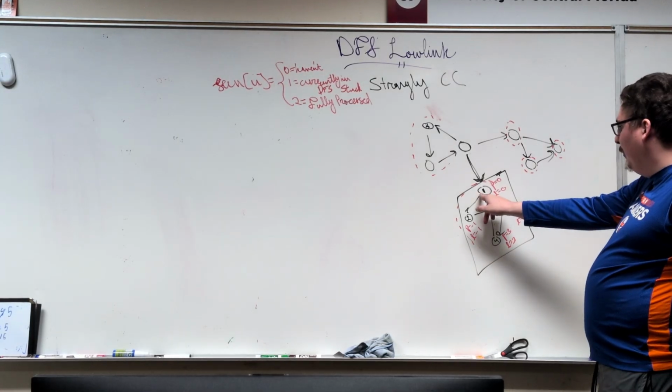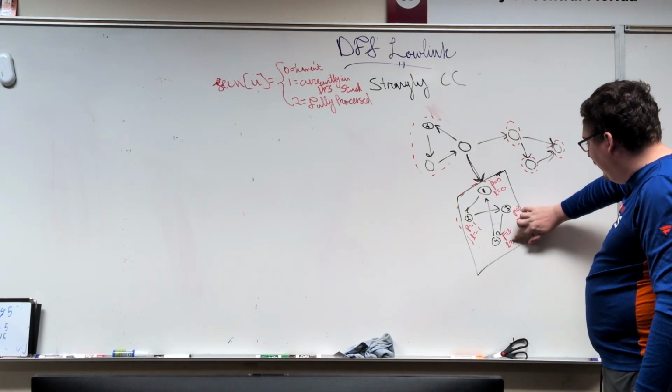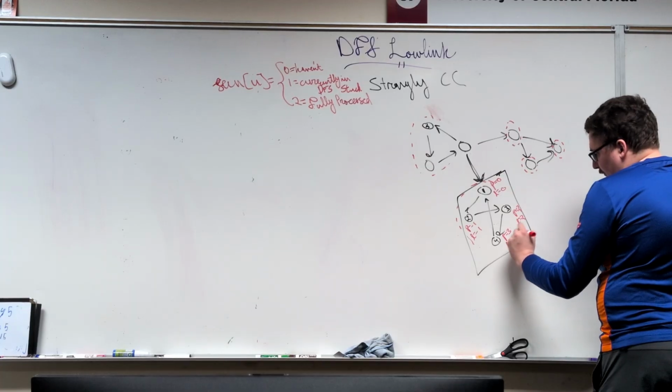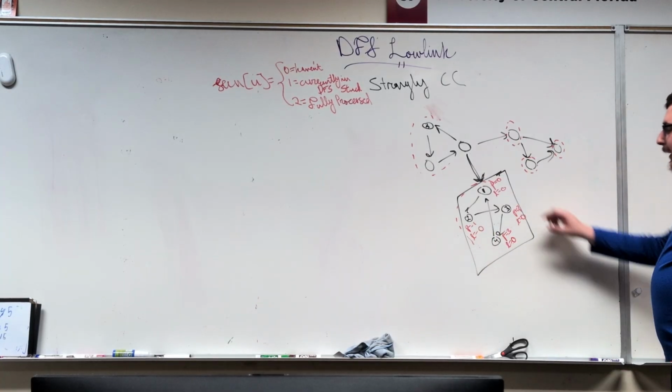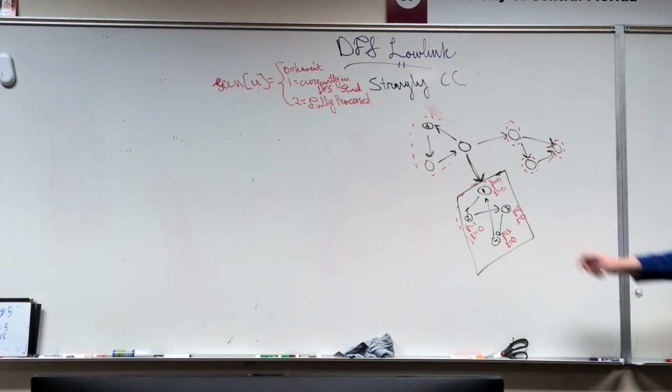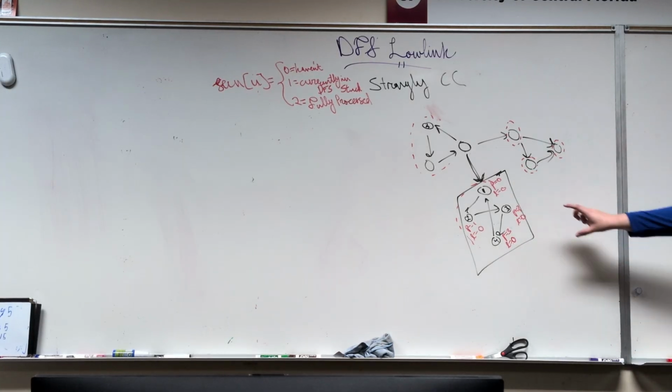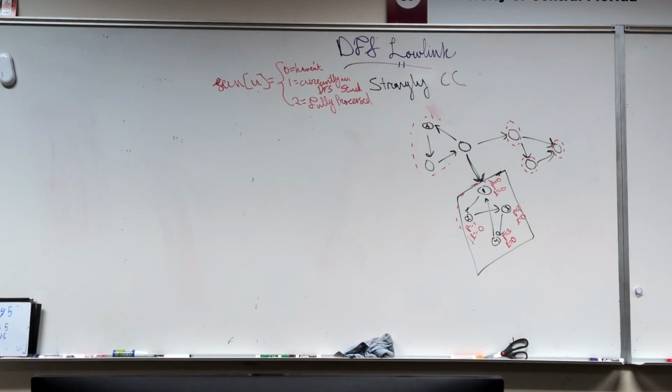But then 4 can go back to 1, that's a back edge, so we update our low link and work backwards now. And we find that our pre-order of 1 is equal to our low link of 1, so that's going to be a strongly connected component.